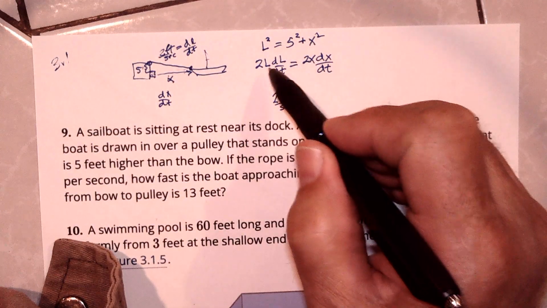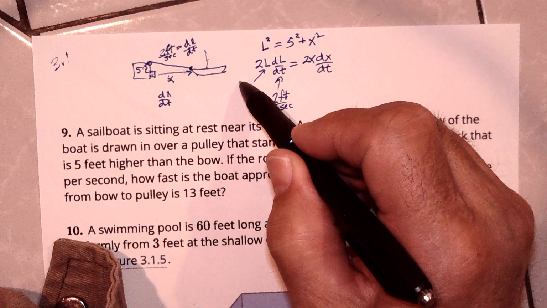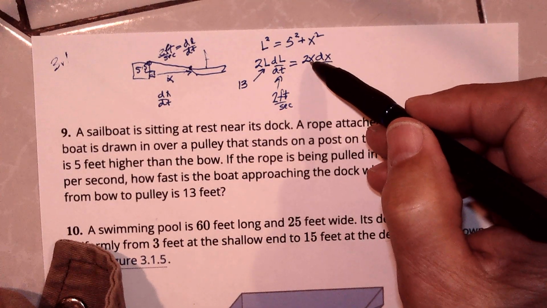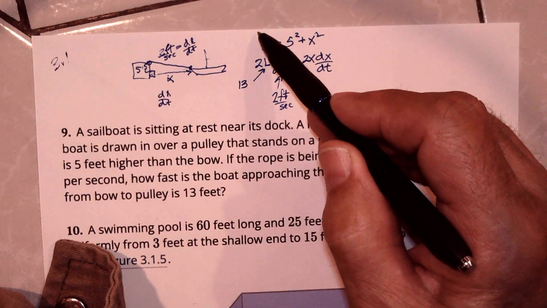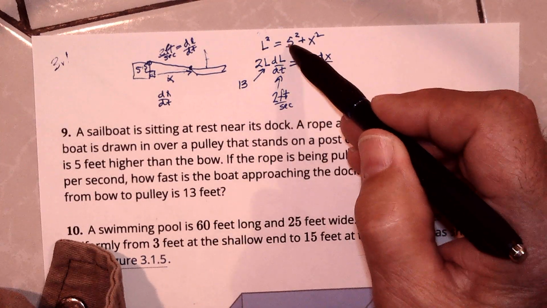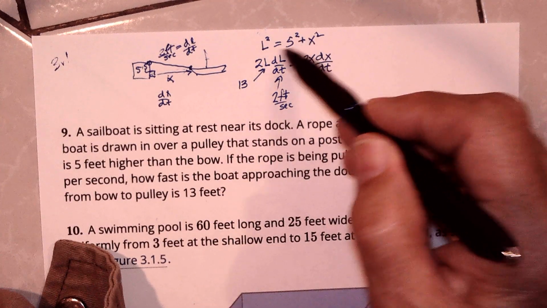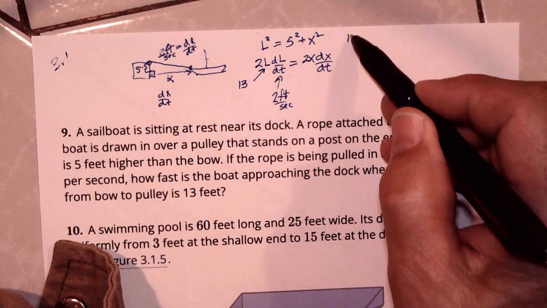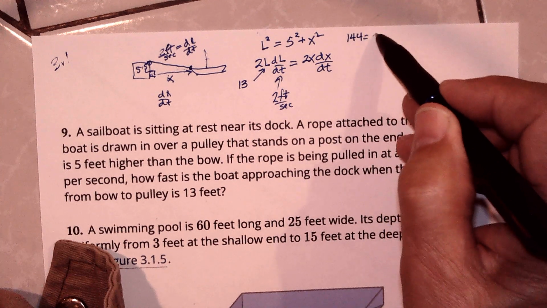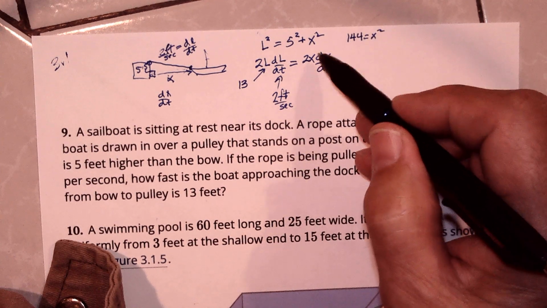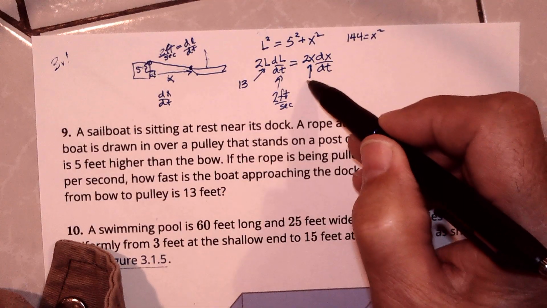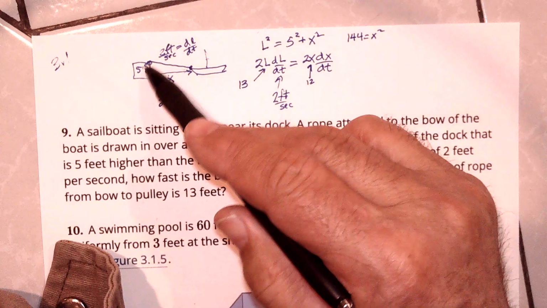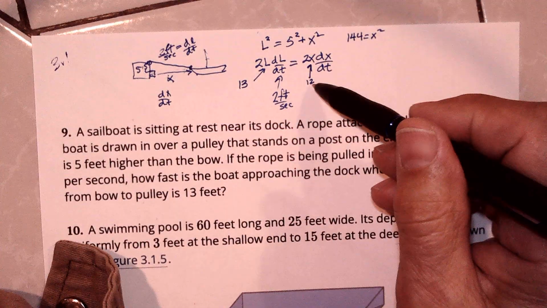So L is 13, and we need to know x also. 13 squared is 169, 5 squared is 25, and 169 minus 25 is 144. So x must be 12 feet. This length is 12, this is 13, and this is 5 at a moment in time.